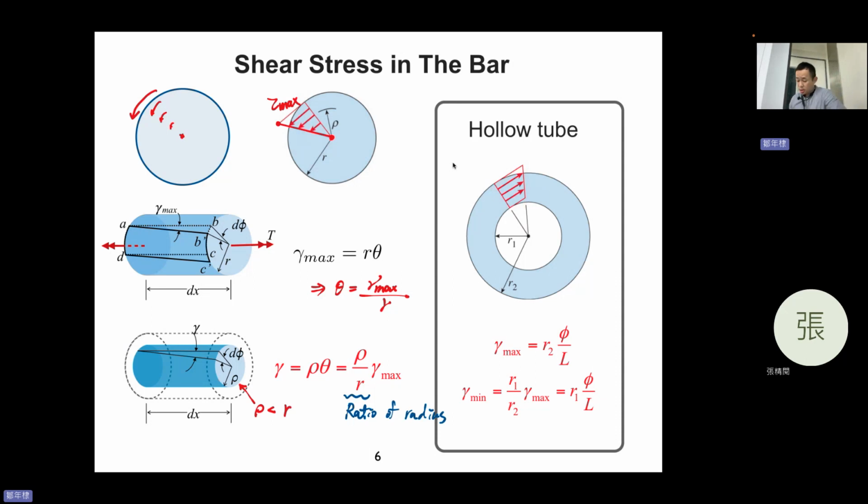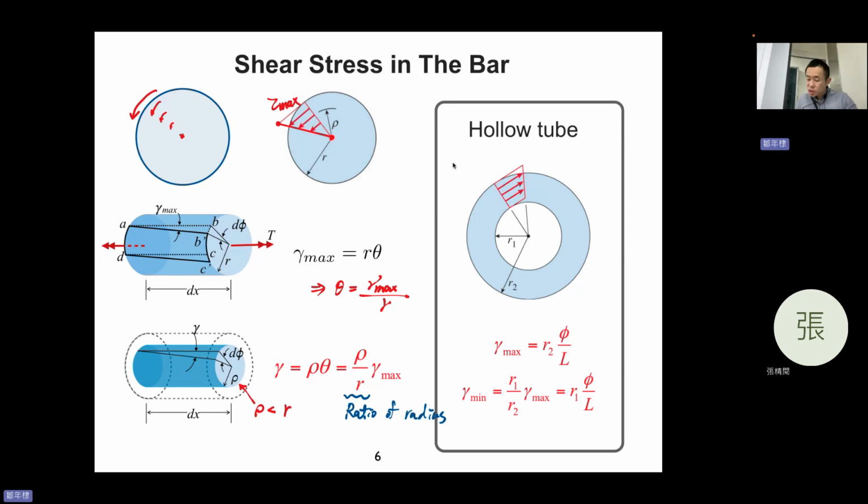So the gamma max is the same, but the gamma min will be R1 over R2. It's still the same, just a ratio between them. So yeah, that's it. Hollow tube and bar are all similar, with the gamma max at the surface and a linear relationship toward the center.